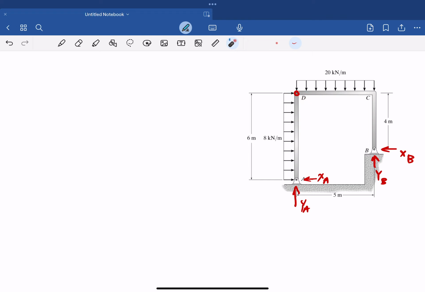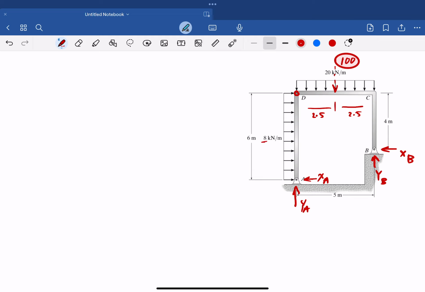But before doing that, let's get also the resultant of the forces. So the resultant of this 20 kilonewton will be exactly at the middle here. 20 times 5 equals 100 kilonewton, and the distance here will be exactly at the middle, so 2.5 here and 2.5 in the other side.